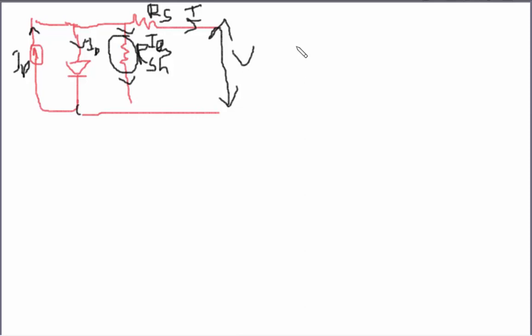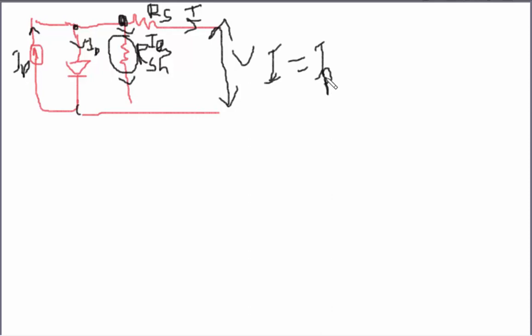So what I will get is the new equation, I is equal to, now I will take this as a node and this also another node, but here the current is again distributed. So I will call it the current entering this node, that is IPH.